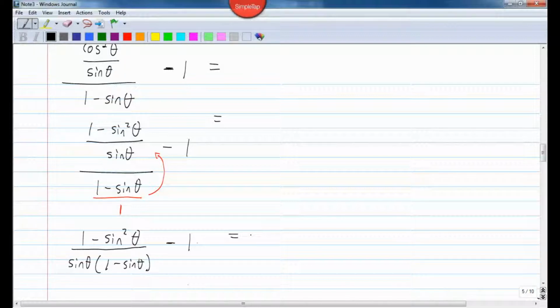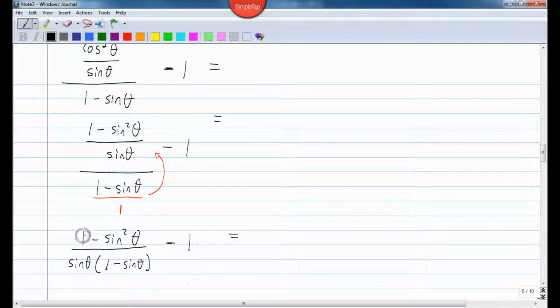Alright, now I don't want to just multiply this sine in, because if I did I would have sine minus sine squared, and that isn't an identity.